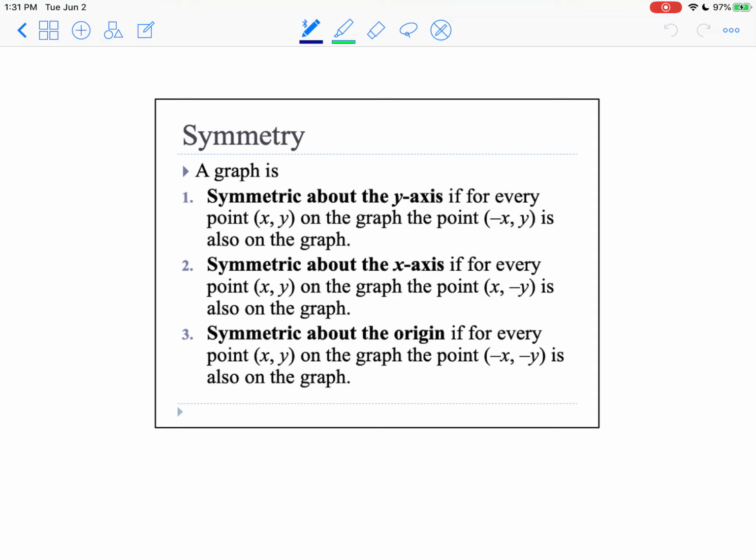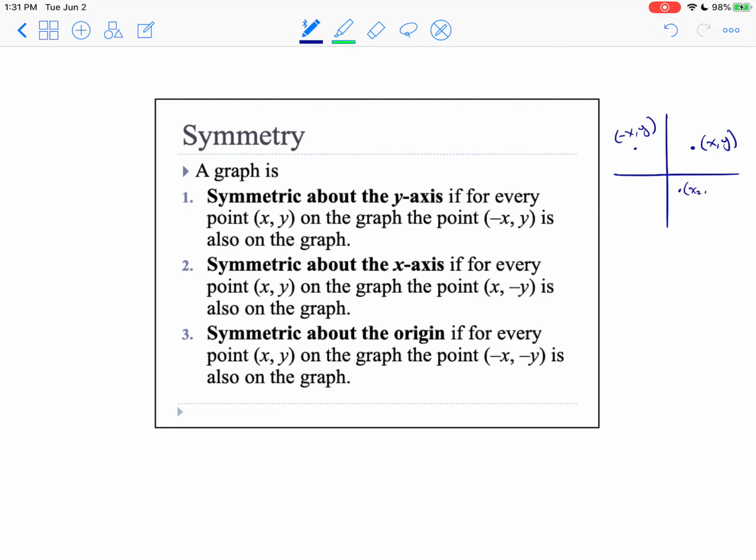A graph can have symmetry about the y-axis if for every point (x, y) on the graph, the point (-x, y) is also on the graph. If we think about that visually, for any point (x, y), the point (-x, y) is on the graph, we get this y-axis symmetry.